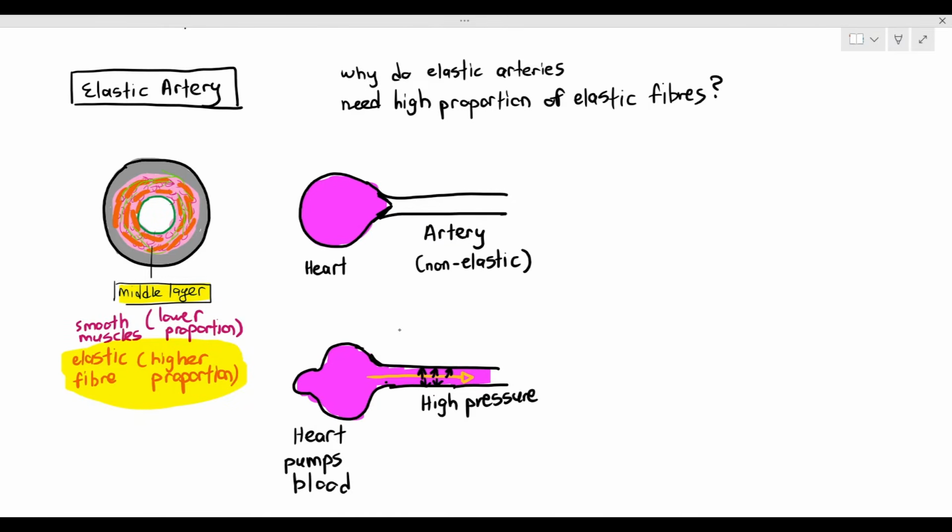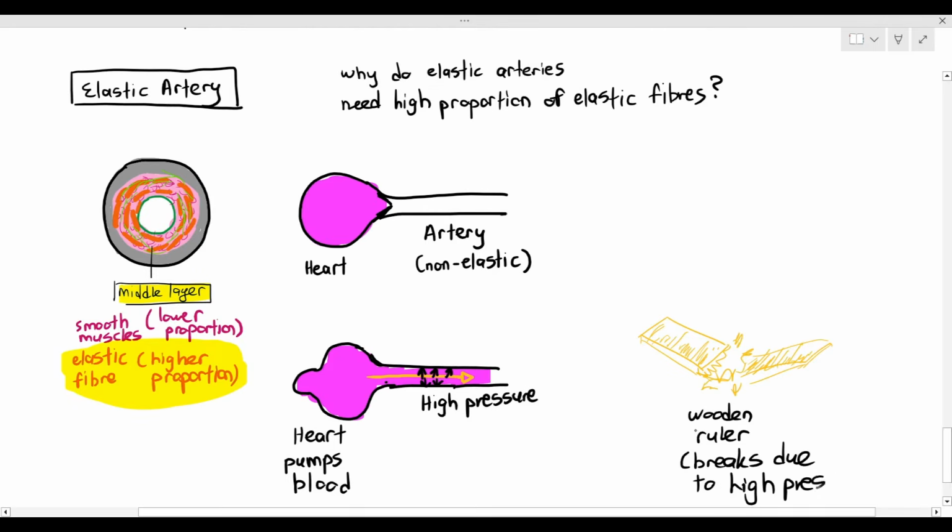And because there is going to be a high pressure in the artery, imagine the artery to be non-elastic, like a wooden ruler. If you put pressure on the wooden ruler, if the pressure is sufficient, the wooden ruler will not bend because it's not elastic. It will snap and break due to the high pressure. The same thing will happen to the artery if it's not elastic. It will just break and rupture and blood will start to leak out.